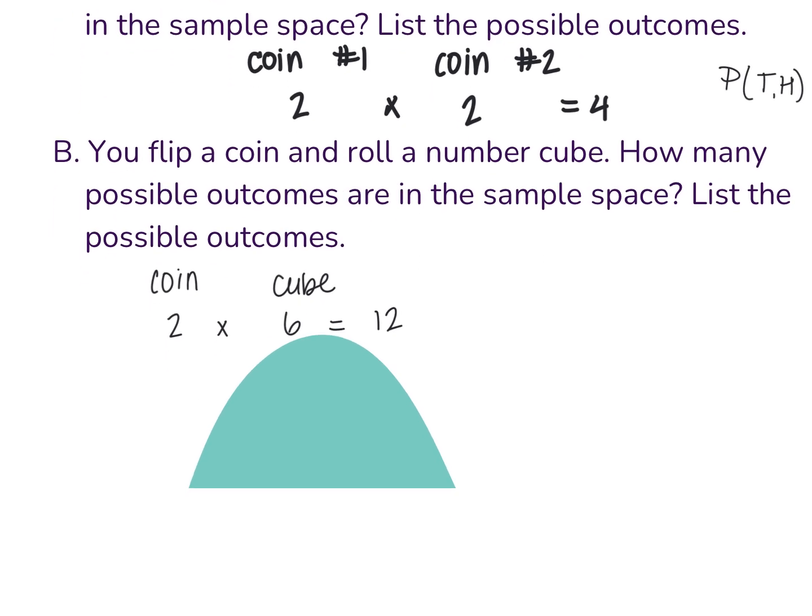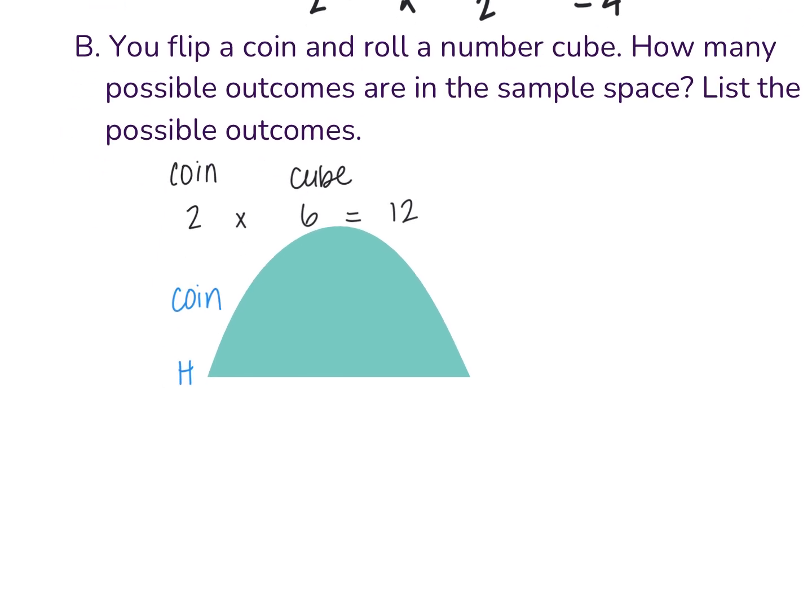Now let me go ahead and list my 12 outcomes. I have my coin, which is heads and tails. And then I'm going to have my cube, and it has 6 sides. Keep in mind it's 6 sides for each. So looking at it, I'm going to have all of these.